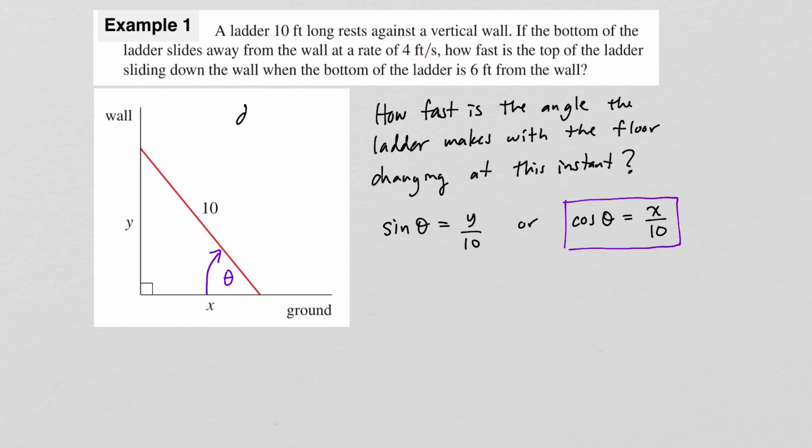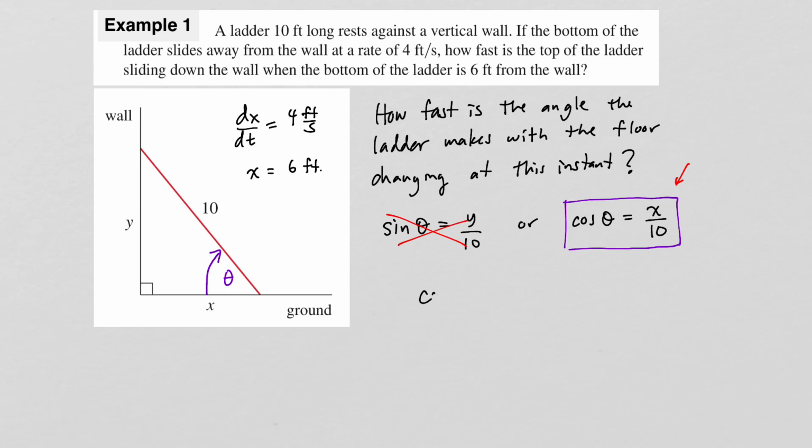So let's not forget that dx/dt is 4 feet per second. And we want to know what's happening at the moment that x is equal to 6 feet. So all the information they've given me is about x. So you could do it using the other formula, but it's going to be more work. So let's stick with this one.